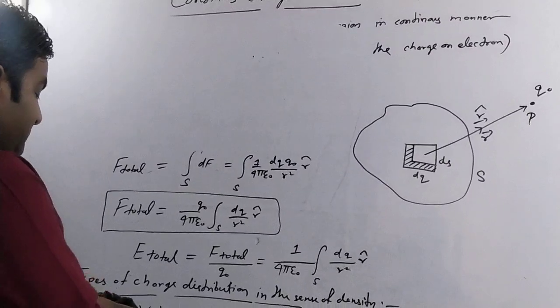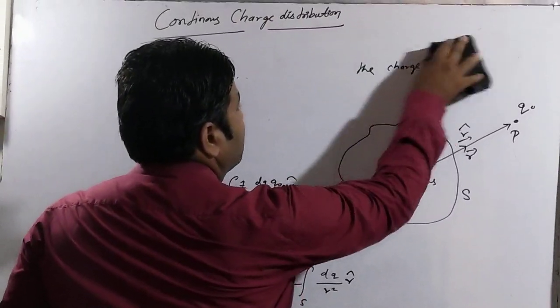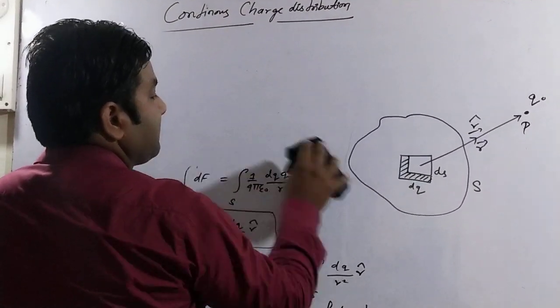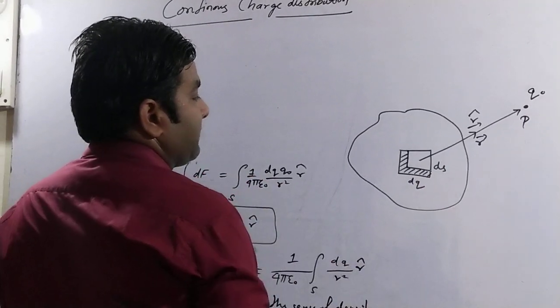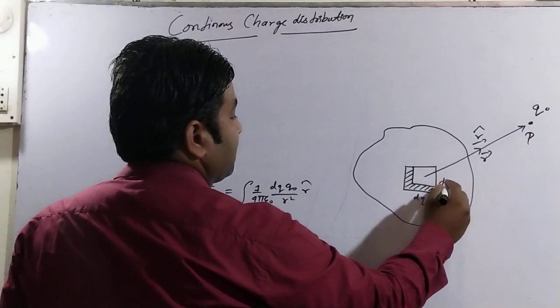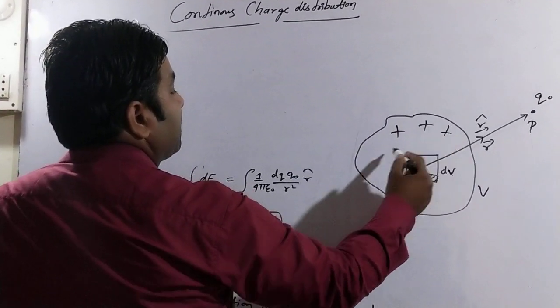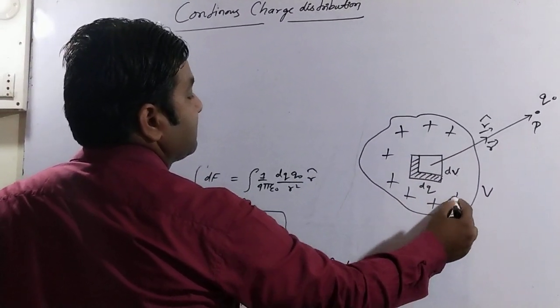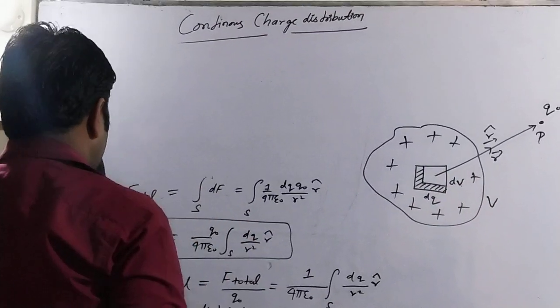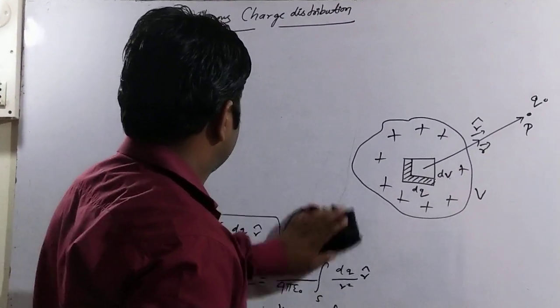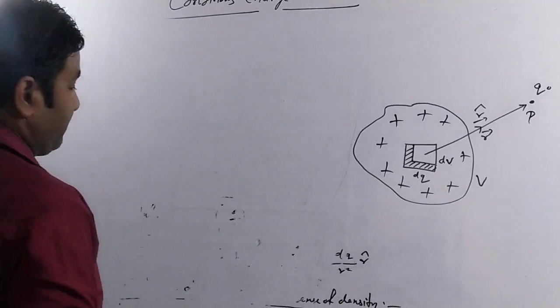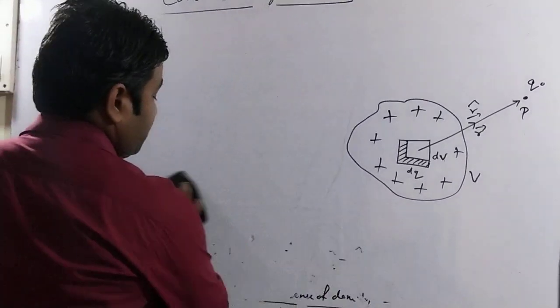And with the help of volume charge density we will calculate the value of force. Suppose this is a portion of volume and here charge is distributed over the whole volume. Then how are the value of force and intensity calculated? Very easy.